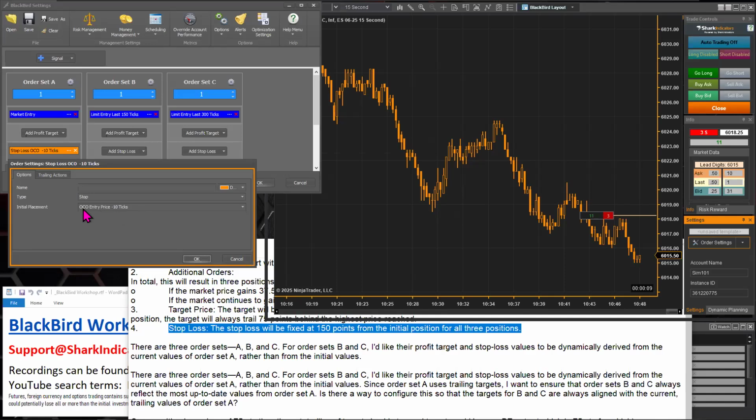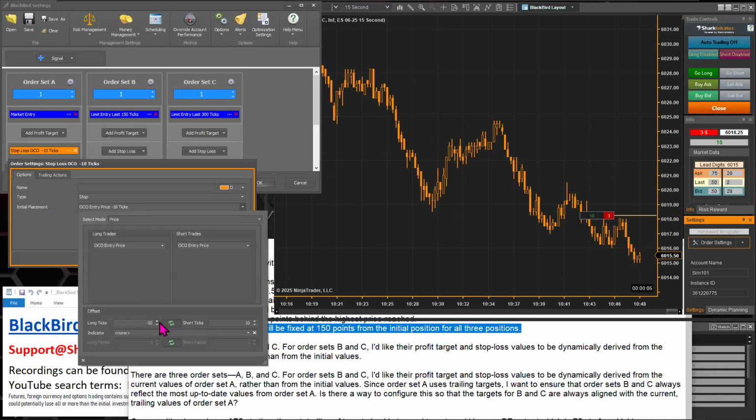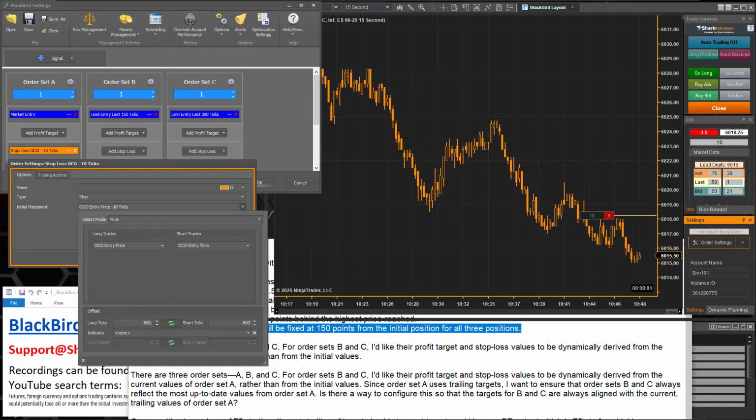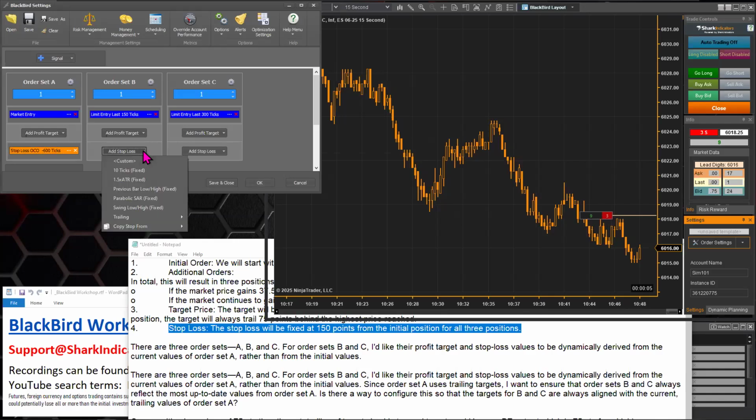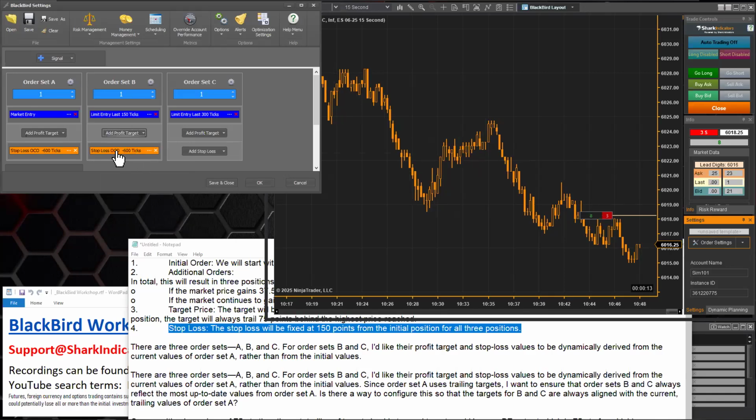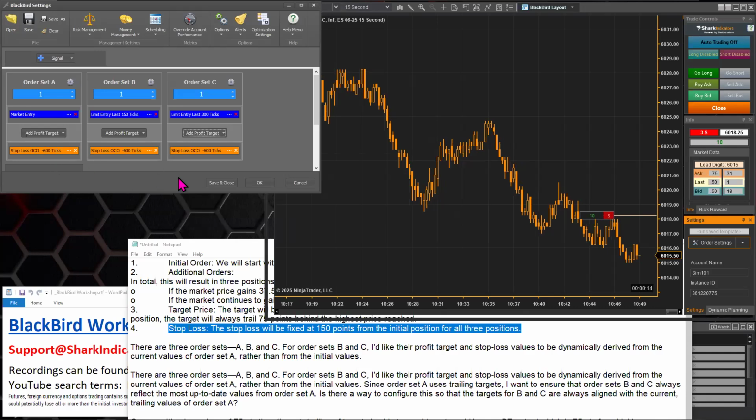We're going to open up the initial placement, and that converts to 600 ticks. So there we go, stop loss is done. That was a piece of cake. Now for the other stop losses, I'm just going to copy the stop loss from A. There we go. And for our order set C, do the same thing. I'll just copy the stop loss from A, like so. There we have it. All right, stop loss is done.